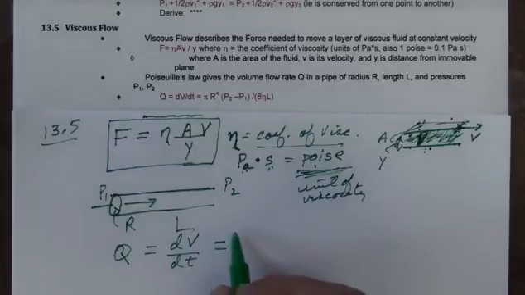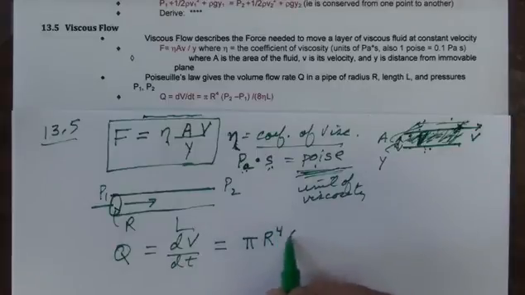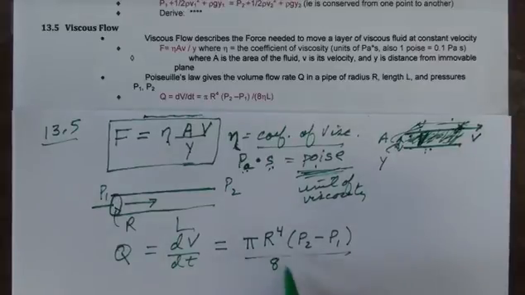And the answer is, for a pipe, this is going to be pi times r to the fourth power, times P2 minus P1, divided by 8 times the coefficient of viscosity times the length.